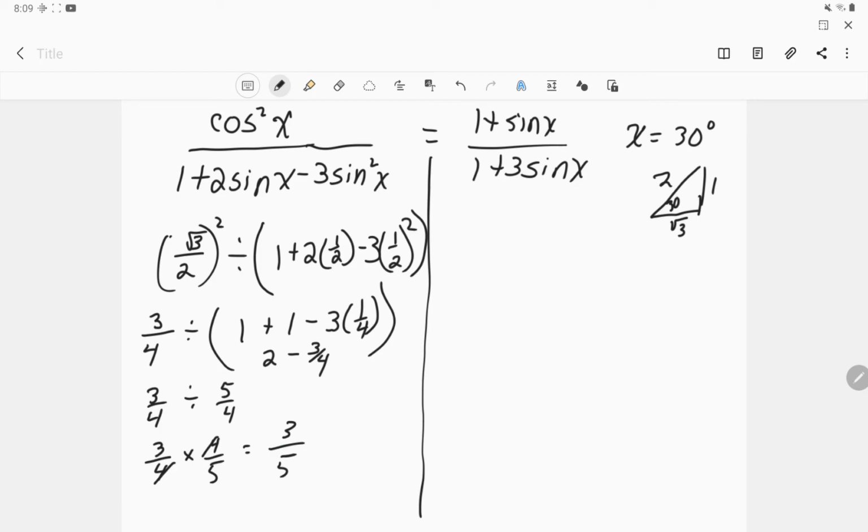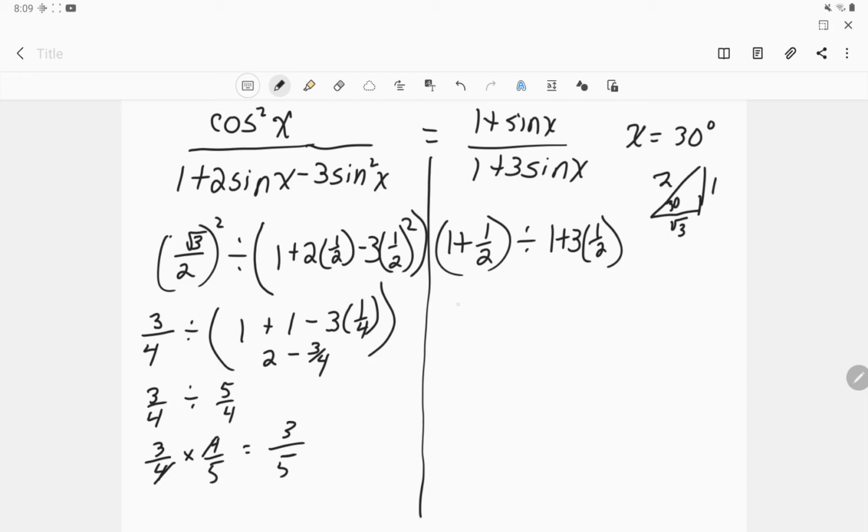So hopefully I end up with the same thing over on this side. On the top, we have 1 plus sine of 30. And sine of 30 is a half, divided by, and again, I'm just writing this out horizontally instead of vertically, 1 plus 3 times sine of 30, and sine of 30 is a half.